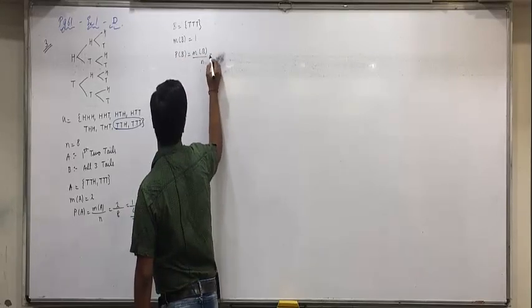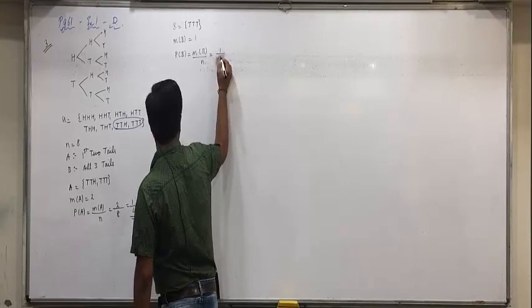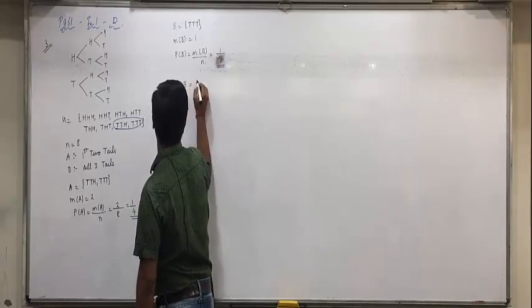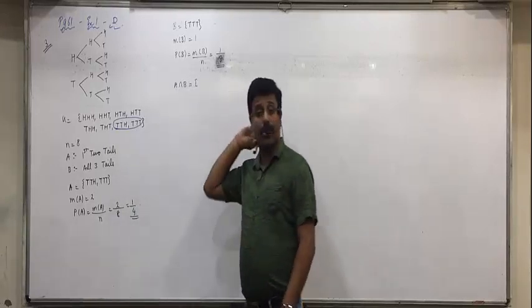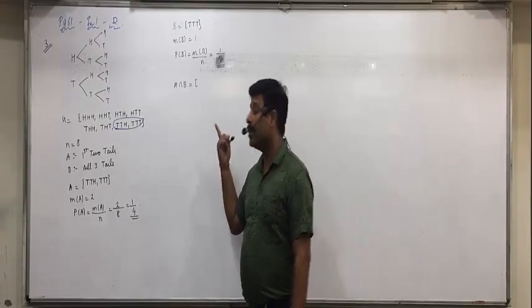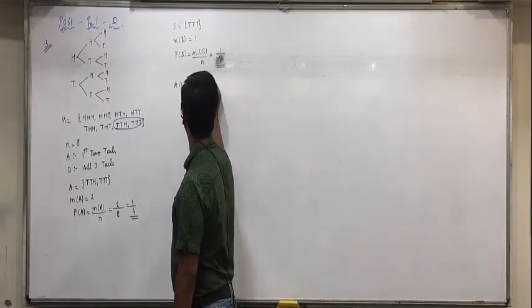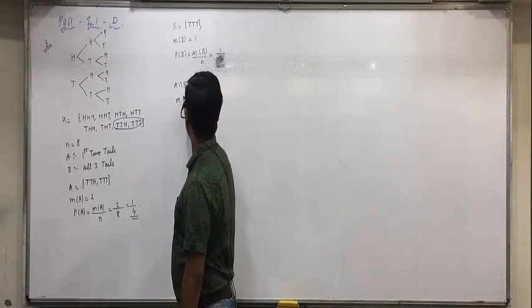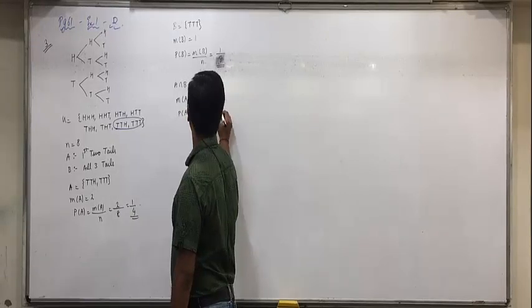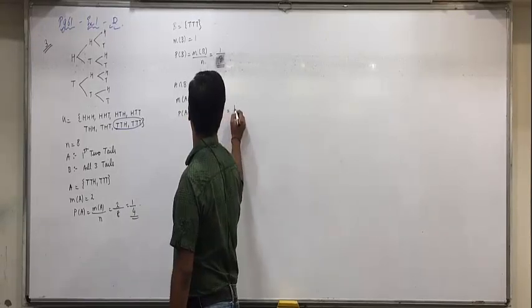P of B, M of B upon N, 1 by 8. We also need A intersection B. Is that the entire B or not? What is common in A and B? T T T. So that is also the same as P of B, 1 by 8.